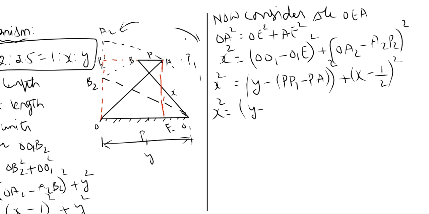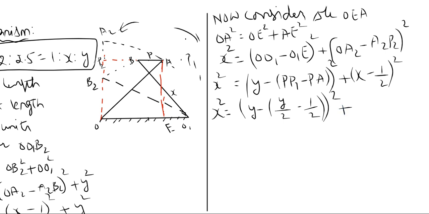If we consider this point to be the P point, and this is P1, it becomes half of the distance. So that is y by 2 minus PA. So PA distance is again half, 1 by 2, and this is totally square.